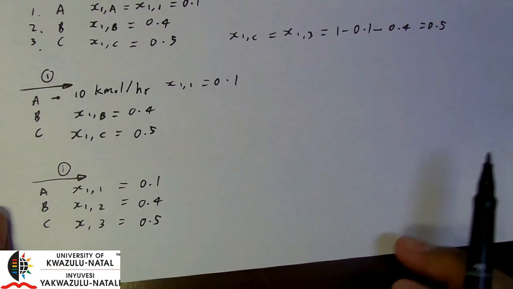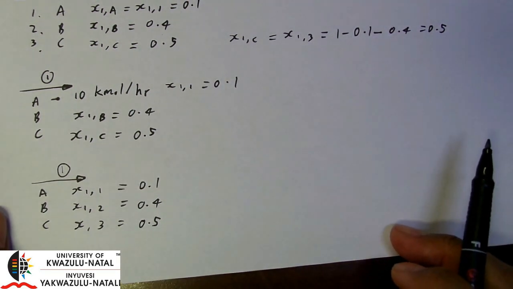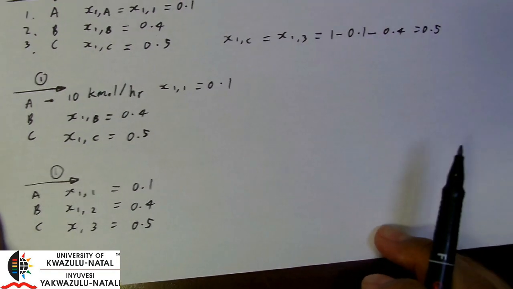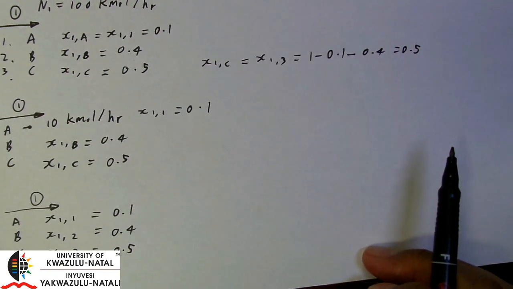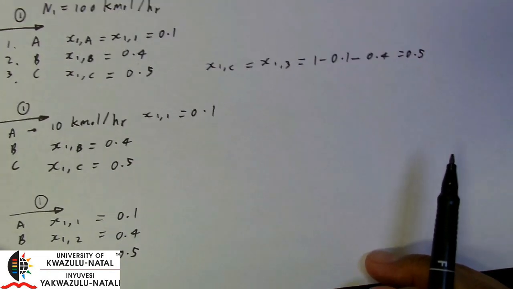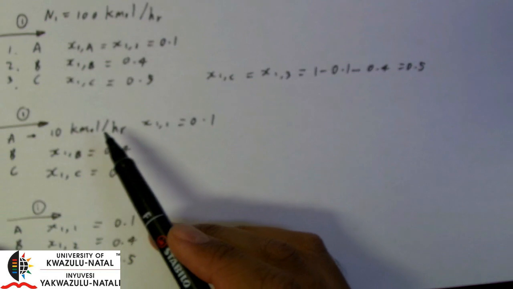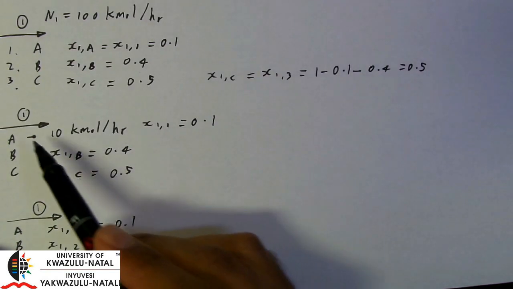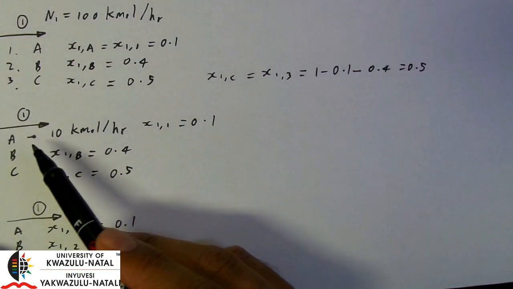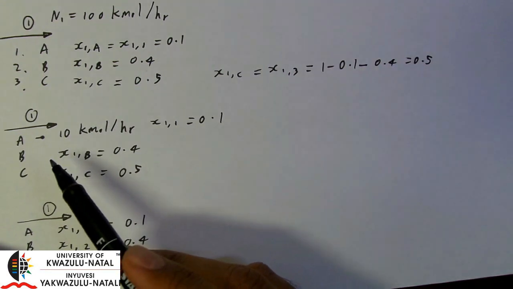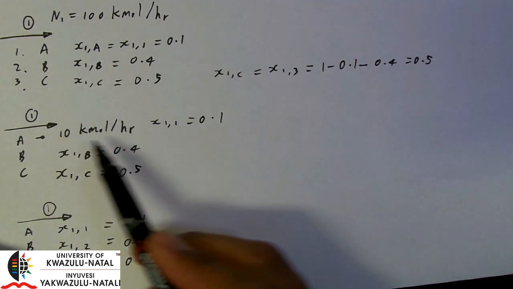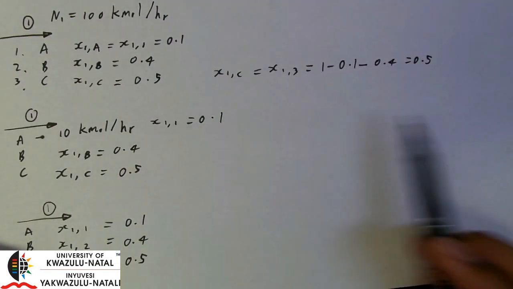Okay, so what we can conclude is that for us to know all the information about a stream, we would always need at least 1 flow value and 2 composition values in the case of this particular stream. Okay, so we will always need 1 flow and 2 compositions.